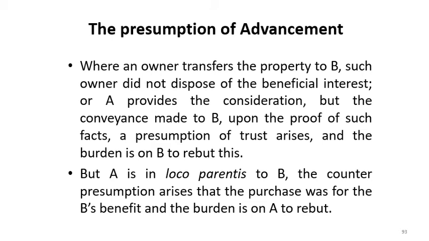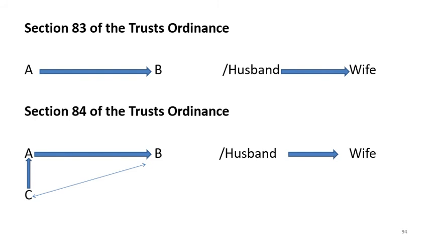Now we will see in this slide, section 83, as we have seen: A transfers the property to B, but A did not intend to dispose of the benefit therein.